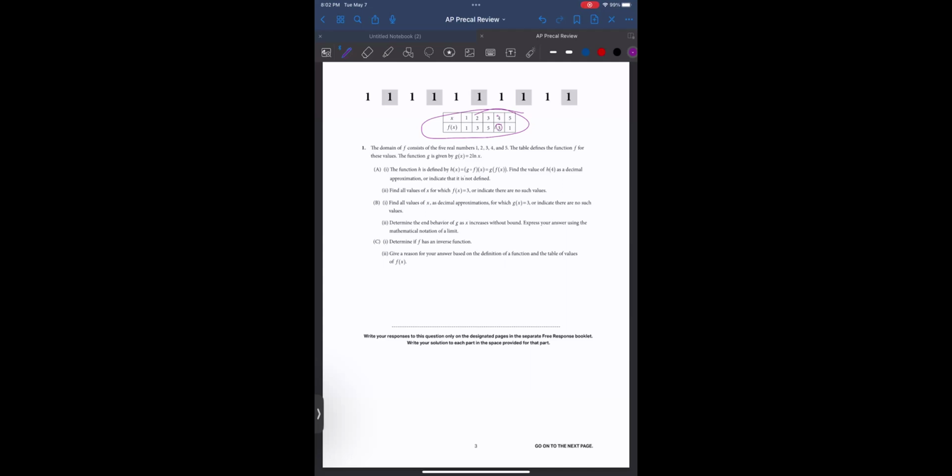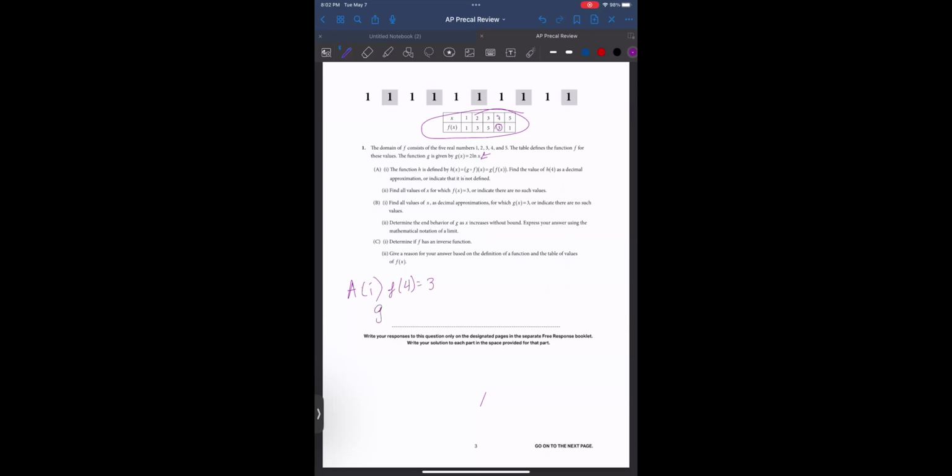I hope that was right. Okay. Now I plug 3 into this one. By the way, this is going to give you points for saying h of 4 equals g of f of 4, and for saying that f of 4 equals 3.